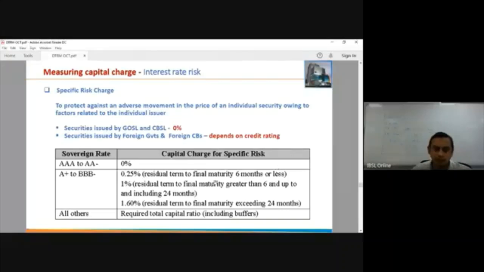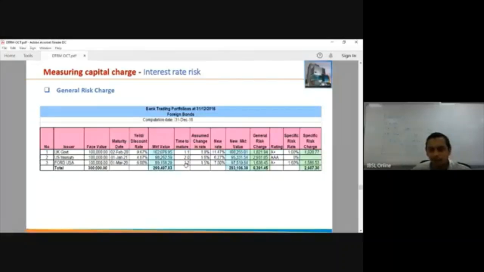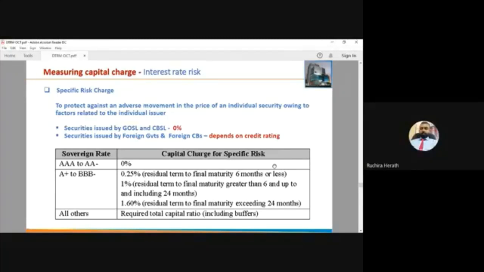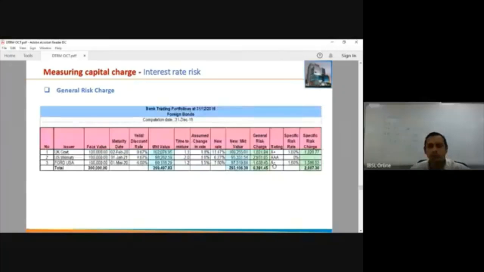What should be the specific risk charge? And you need to know the remaining maturity. So remaining maturity is 1.2 year, rating is A+. What should be the specific risk charge percentage? Now, I'm in the third example, which is a corporate company in US.